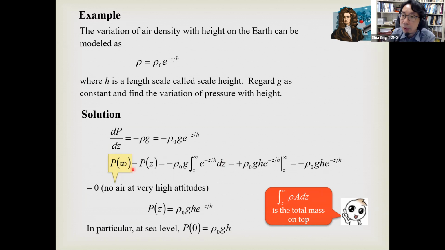So this equation essentially says that the pressure force from the base of the cylinder actually balances the total weight of air above that height, okay? So it's a balancing of the gravity force by the pressure, okay?